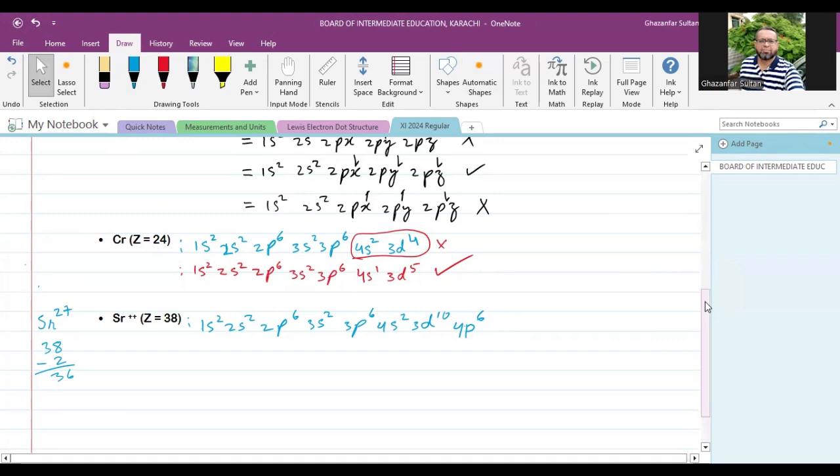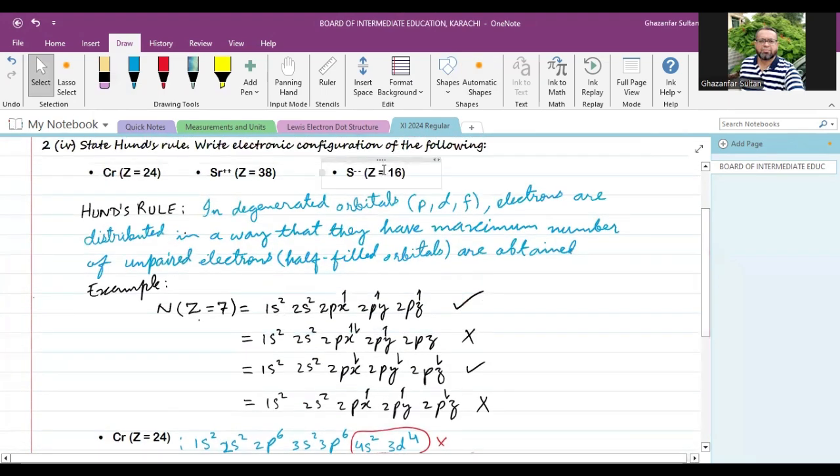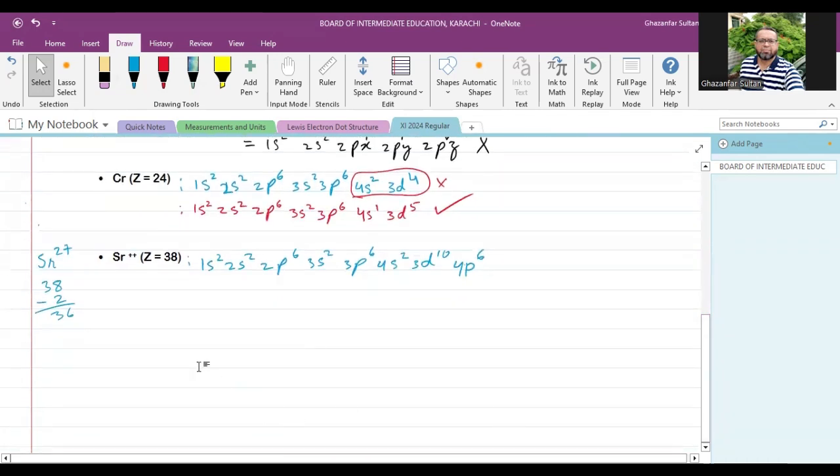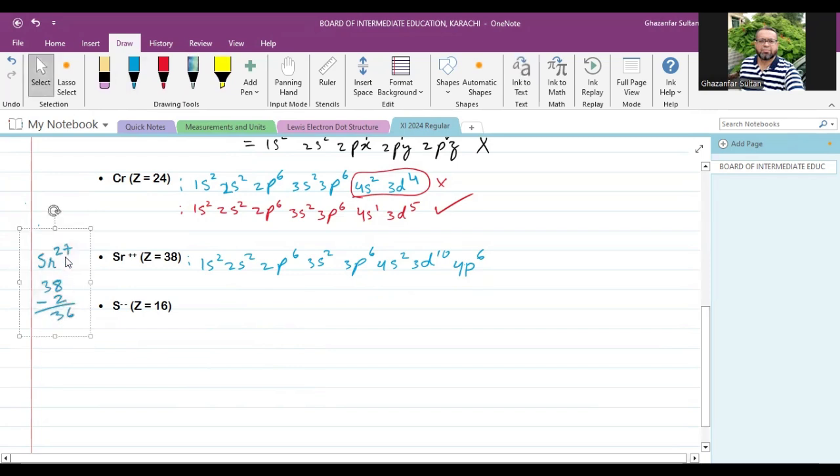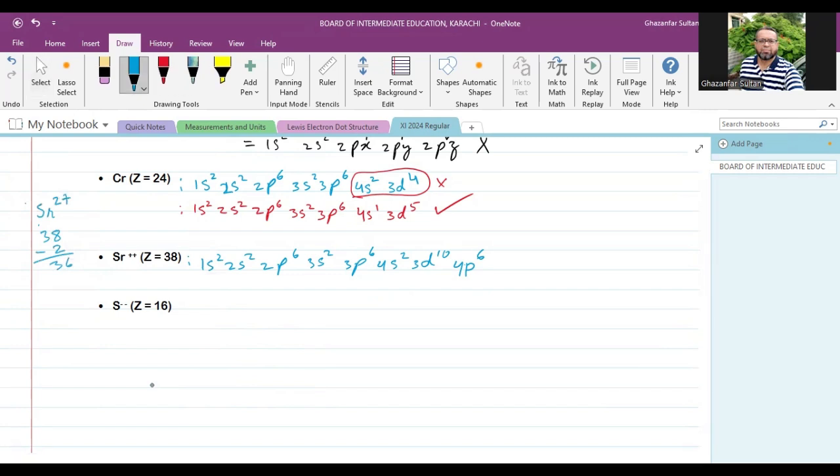Now see another one, sulfur minus minus. Contrarily, as in the case of strontium, we subtracted 2 electrons because the charge was 2 plus. Charge 2 plus means it has lost 2 electrons from its atom.